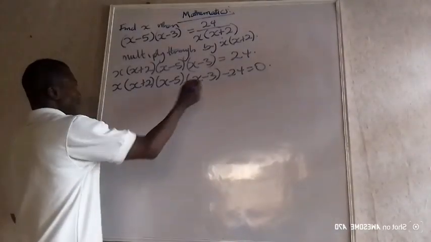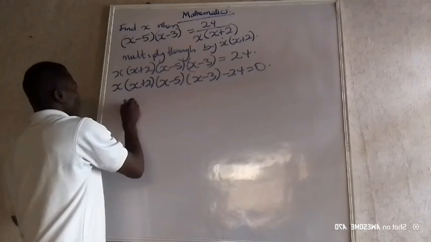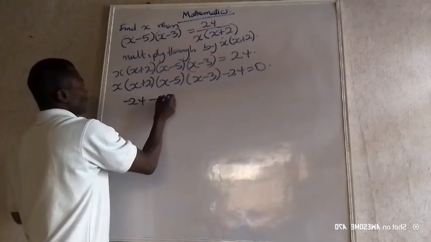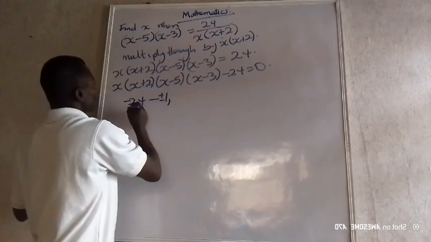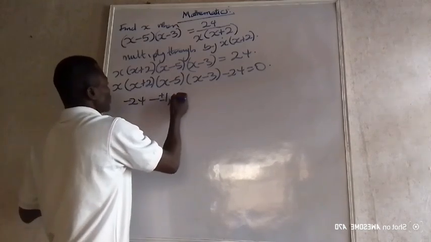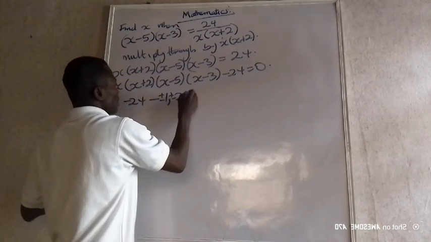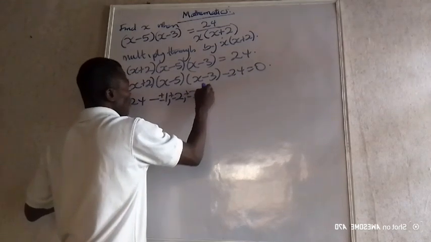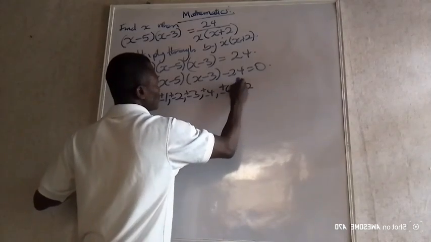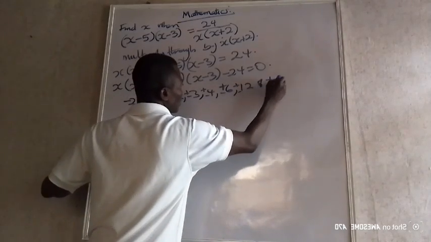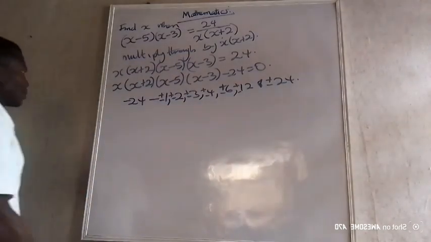The factors of minus 24 are plus or minus 1, 2, 3, 4, 6, 12, and 24. Now let's start with 1.